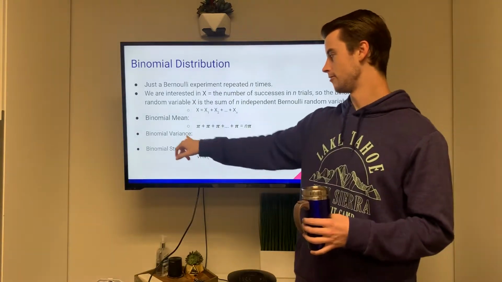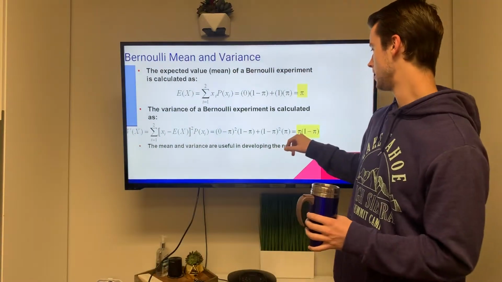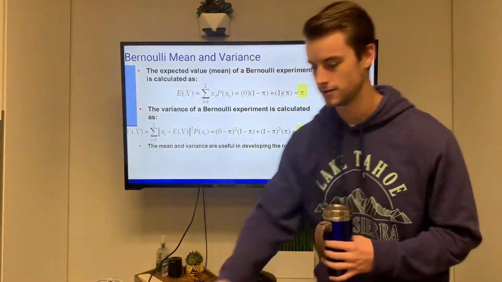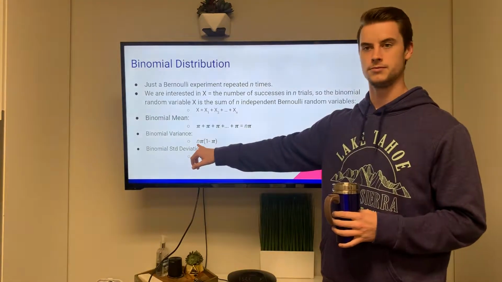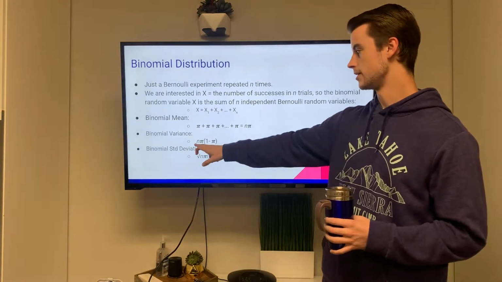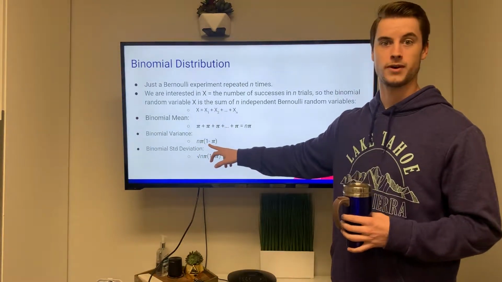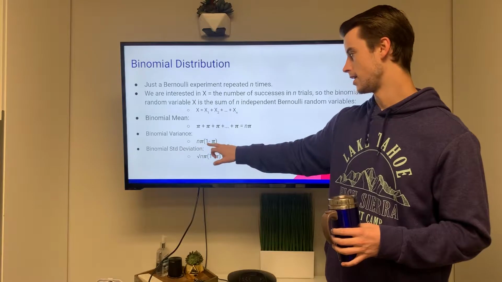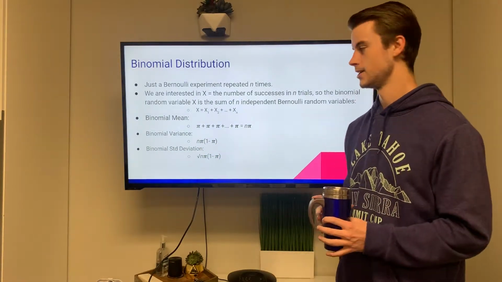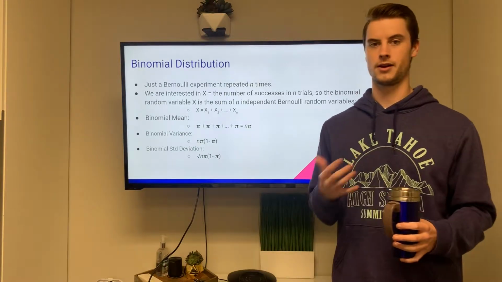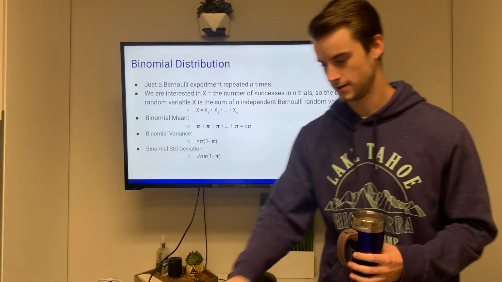For binomial variance, you do the same thing as for a Bernoulli experiment: pi, the chance of success, times the chance of failure, except you multiply it by the number of times you did the experiment. So 30 times 0.5 times 0.5, since 1 minus 0.5 is 0.5. I'm just giving you an example; it's not always going to be 30 or 0.5. Standard deviation is just the square root of the variance. That's all that is.